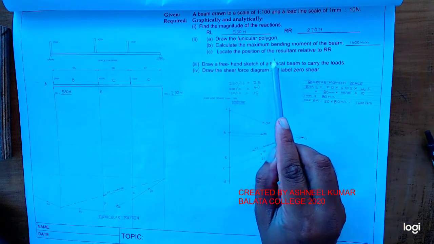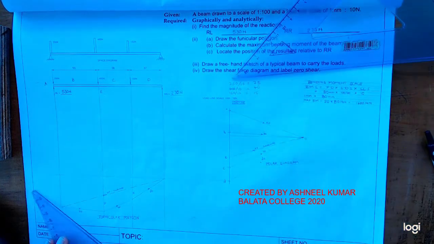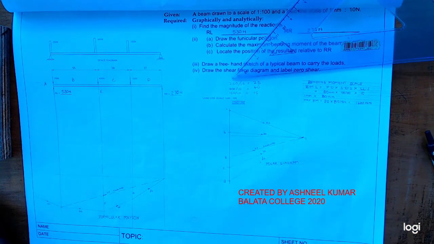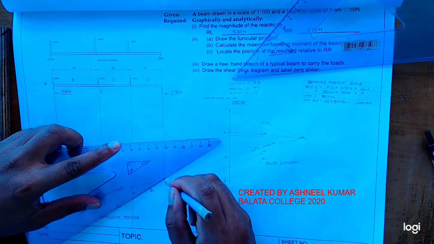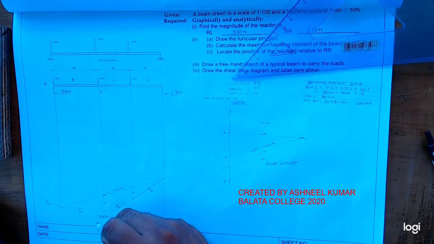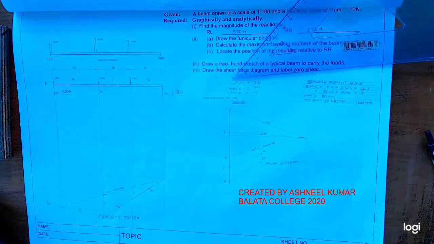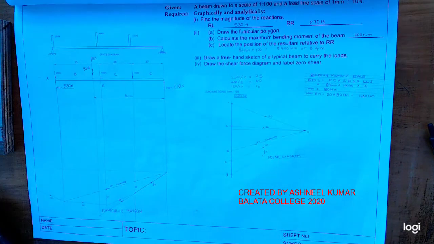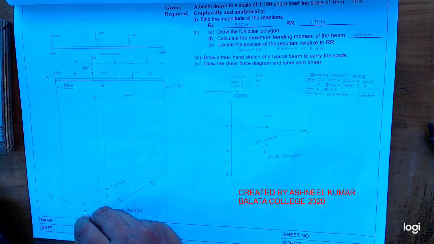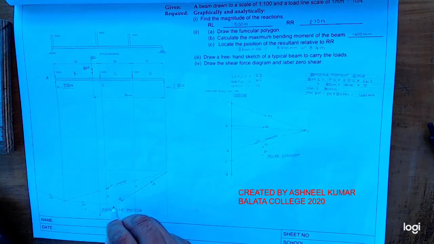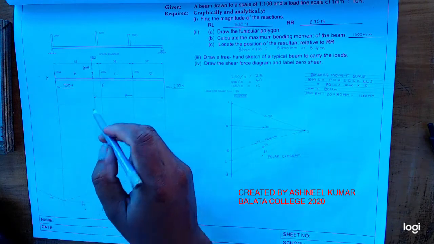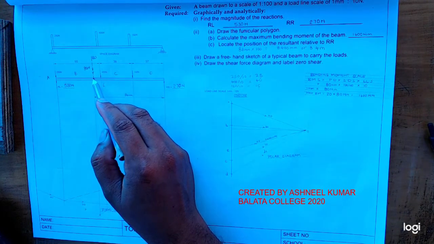Now locate the position of the result relative to RR. You're going to extend the first force. You extend the last one, D0. And you're going to take this point straight up. Right, so when you take that point up, you'll extend your I0, D0, take this point straight up, and you're getting an intersection, you're getting the result in here.